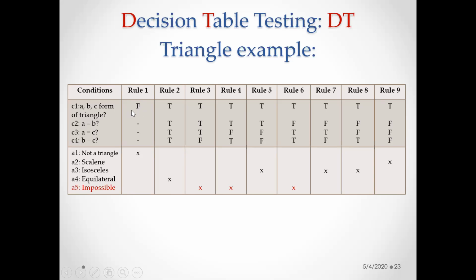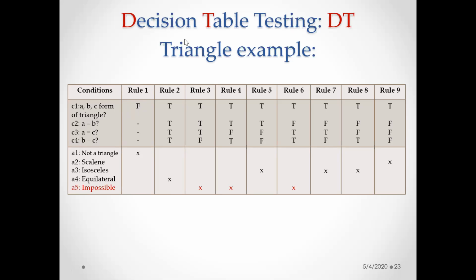If the first condition fails, is it necessary to check the rest of it? If I cannot form a triangle, can I go and check whether A is equal to B, or A is equal to C, or B is equal to C? Are you getting my question?